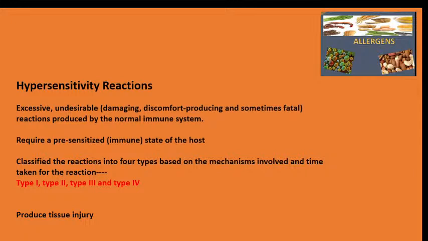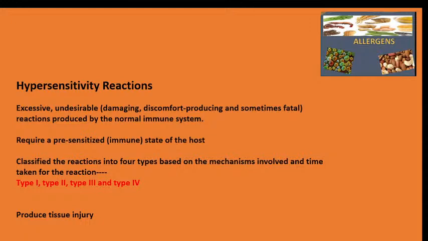And based on the types of cells involved, or the reactions involved with the antigen, hypersensitivity is broadly classified into 4 types: type 1, type 2, type 3 and type 4. These hypersensitivity or allergic reactions will produce tissue injury.